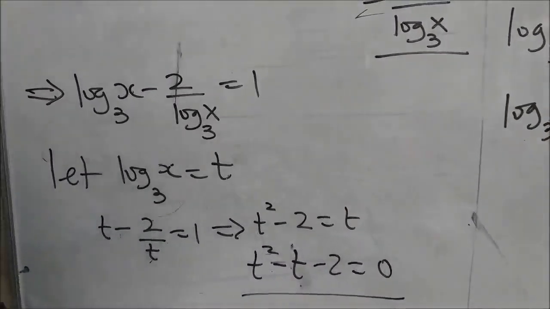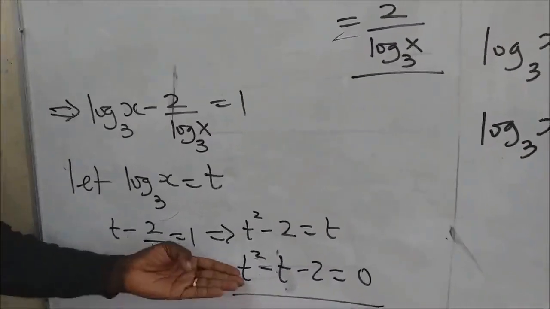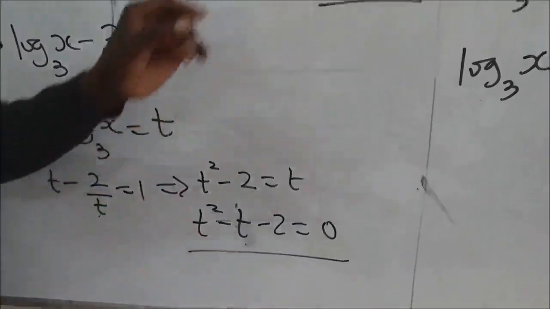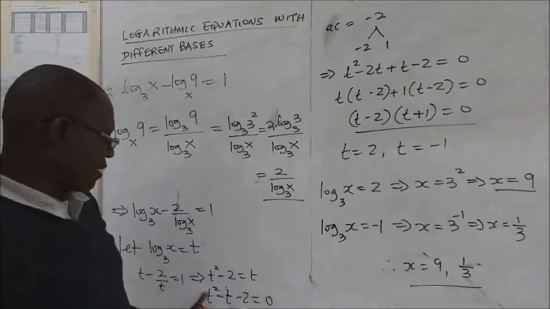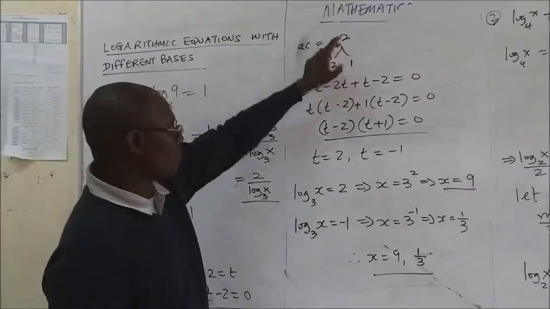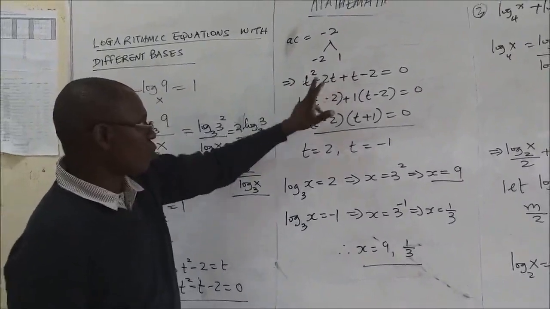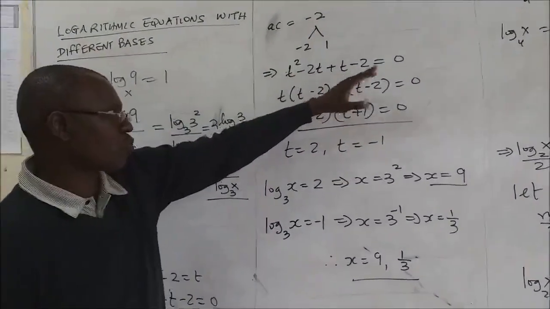Once again, this is a quadratic equation in t, and we can solve this using the factor method by breaking the product. The product of a times c is negative 2. We break it as negative 2 and 1, and so we shall have t squared subtract 2t plus t minus 2 equals 0.